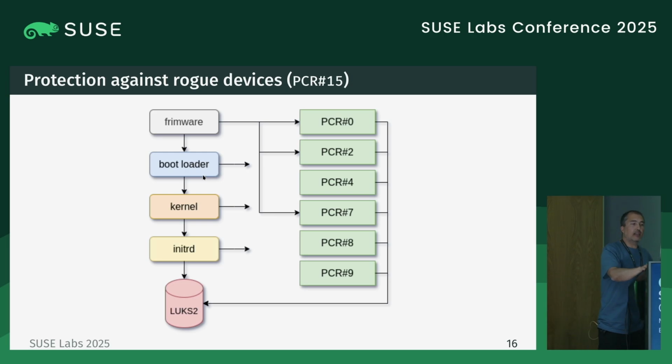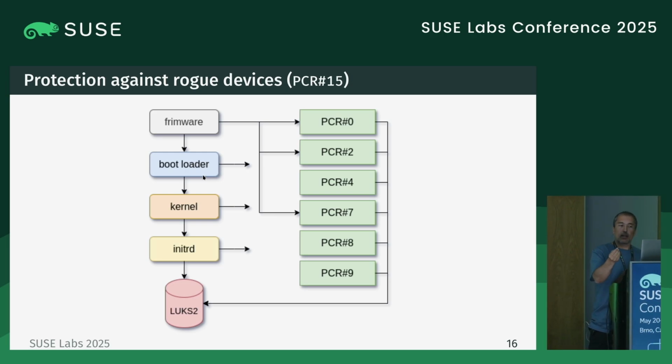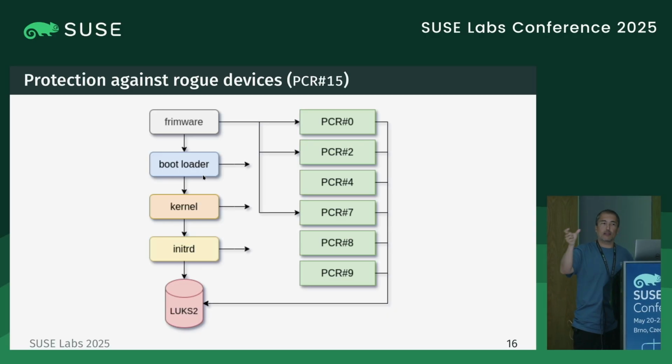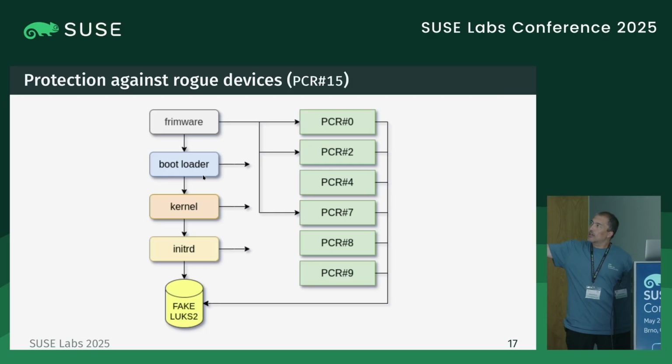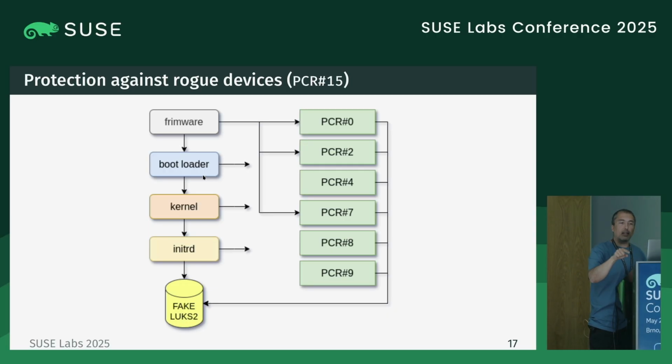The information of the LUKS2 device, the UUID of the device or the partition, is public, so you can replace the device. And if you have a fake initrd in this device, you are going to be able to unlock the secret because the PCRs are in the correct state.